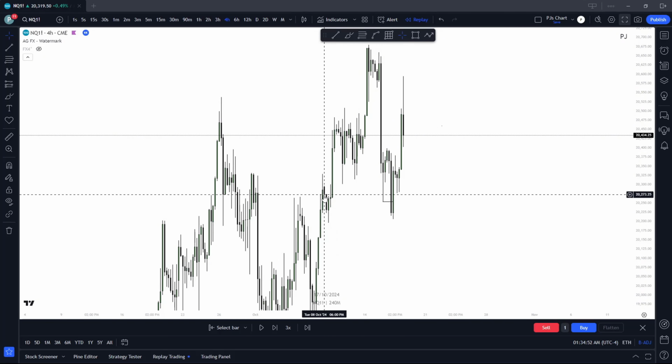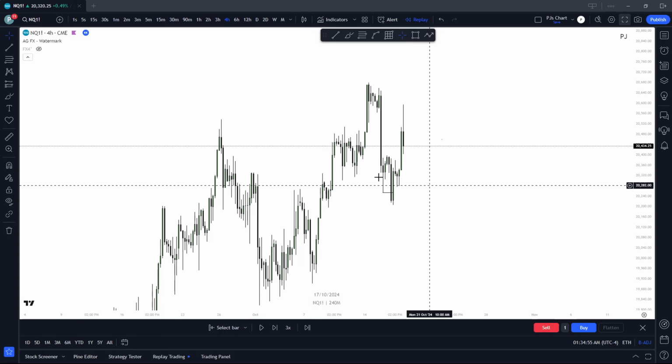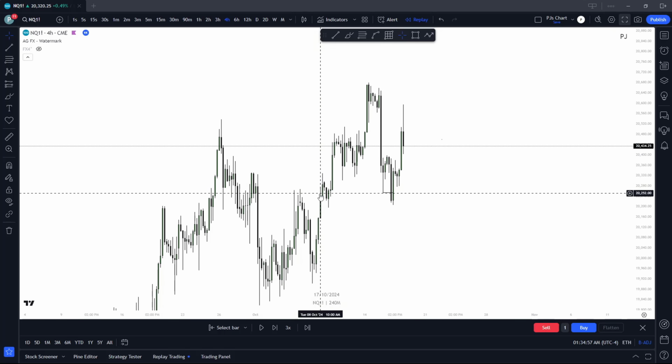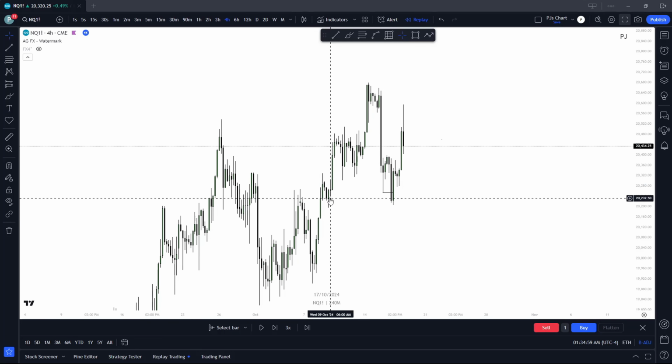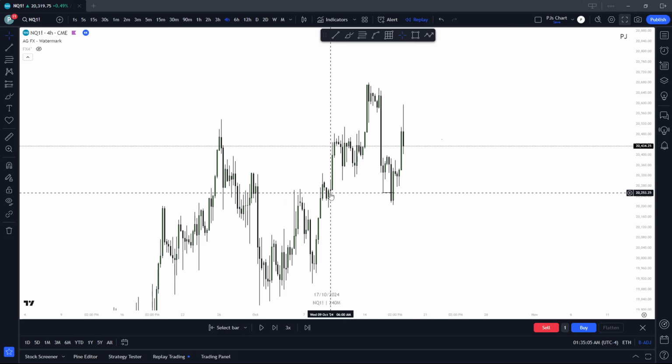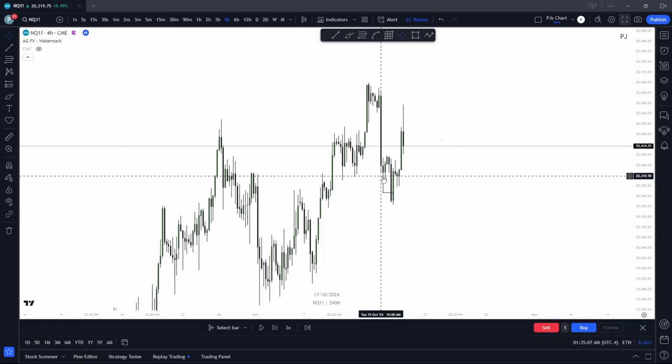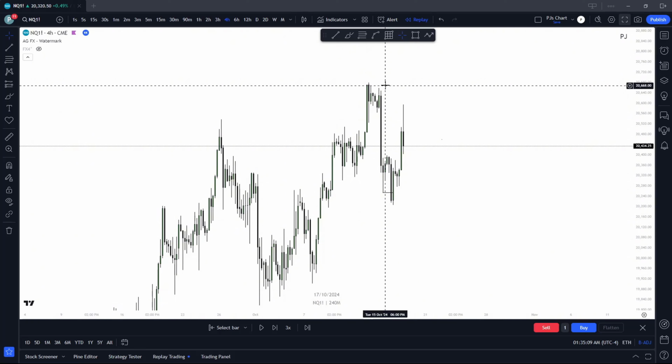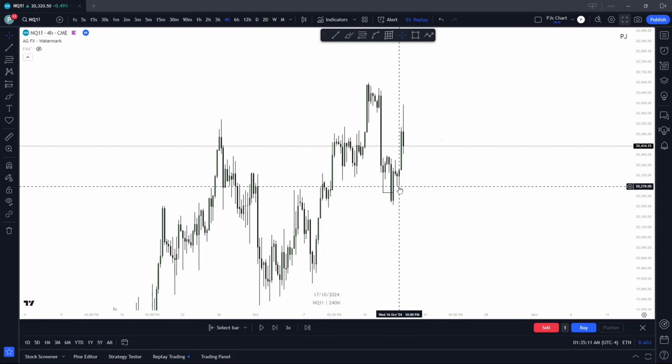Could be seen as a mitigation block as well. I really don't care what you see it as, but as long as you understand that this low delivered internal to external, delivered from a turtle soup sequence and is protected, delivering after this turtle soup sequence into this high as well from this market maker buy model.